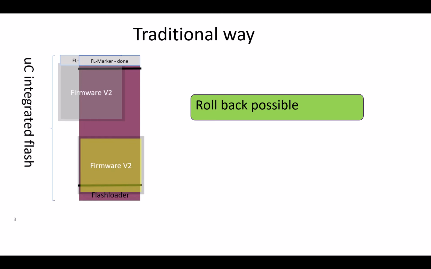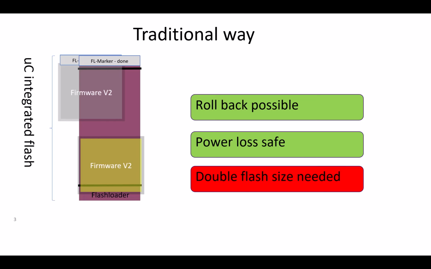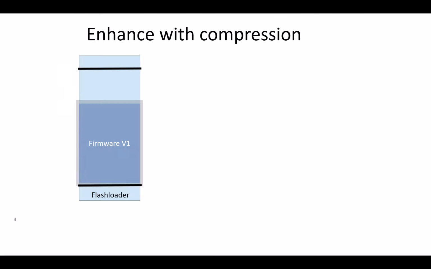With this way, rollback is really possible because you can swap those things. Essentially, you need a bit of spare space to do that, but you can roll back. It's obviously also power loss safe because you can always restart. But it obviously needs double the flash size.